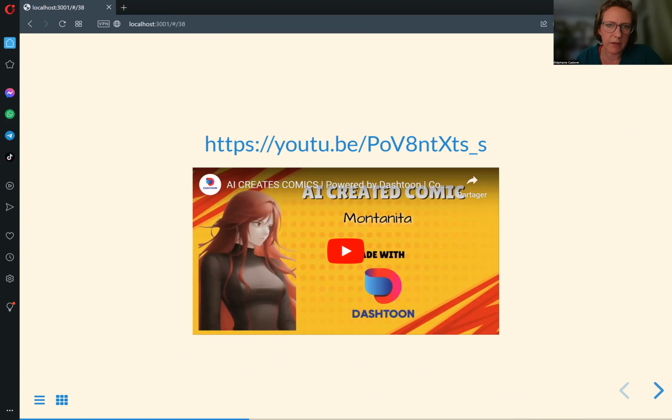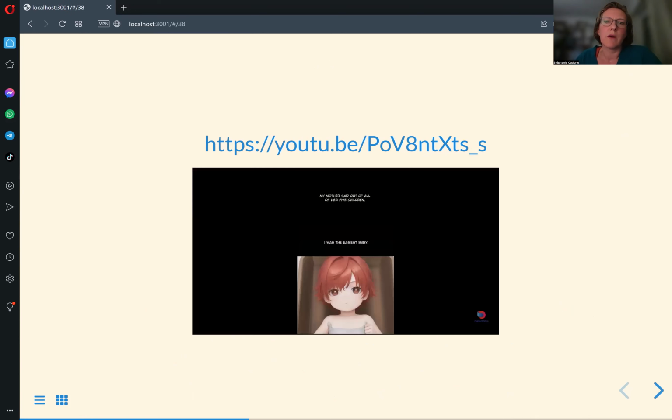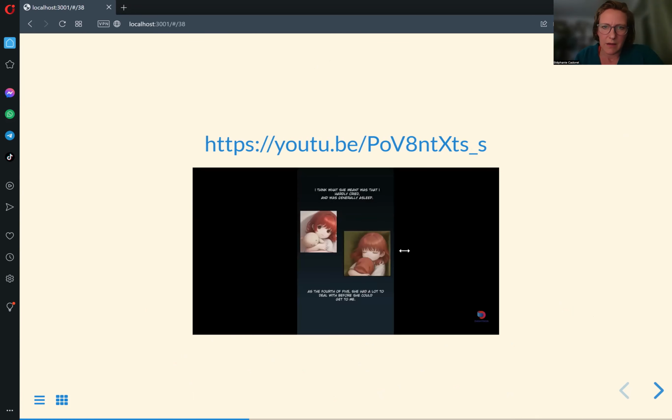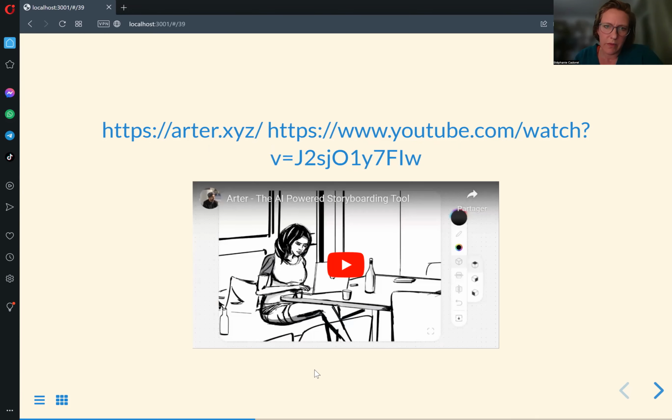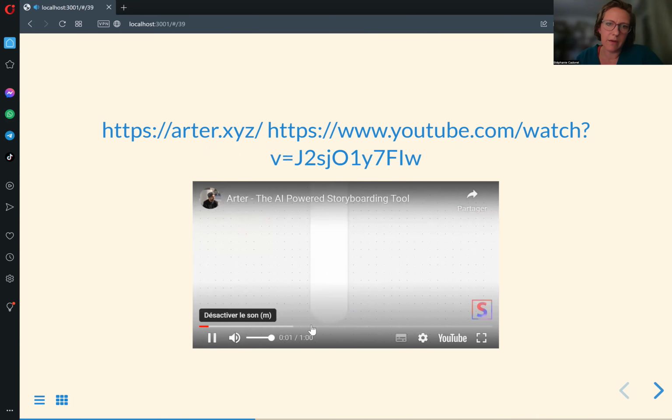I thought maybe it could be used to make storyboards, but it only produces very generic images and posings, so it's not convincing for storyboard. And actually, all the apps that aim at making storyboards are unconvincing right now.